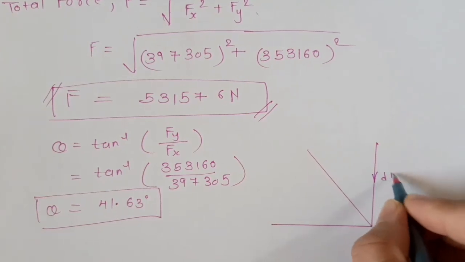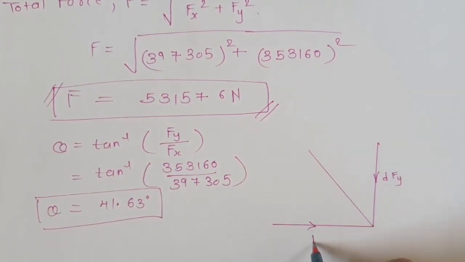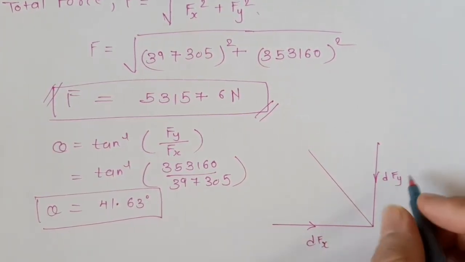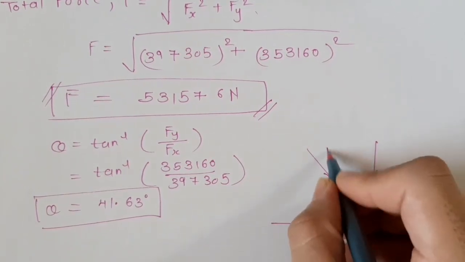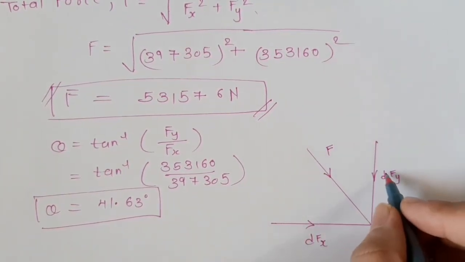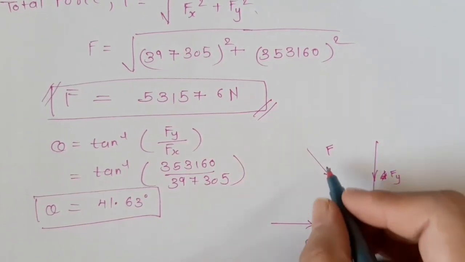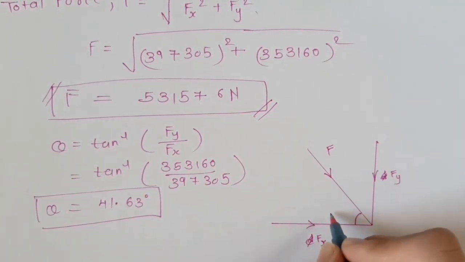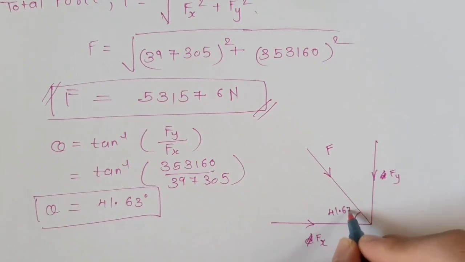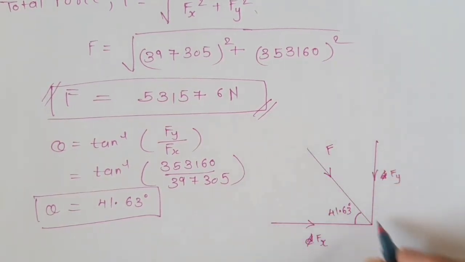This is Fy, this is Fx, and this is F, and this is theta, that is 41.63 degrees. So this is the direction of F from the horizontal, that is 41.63 degrees.